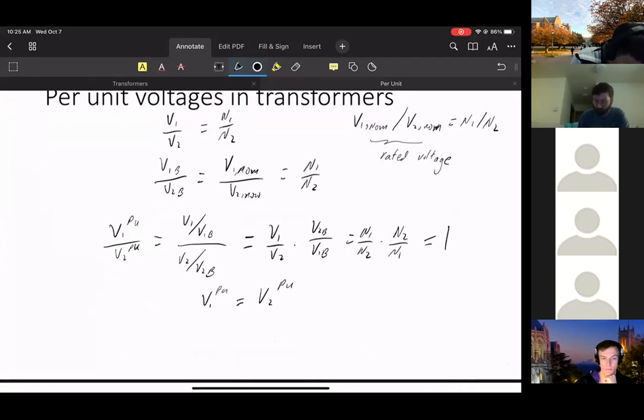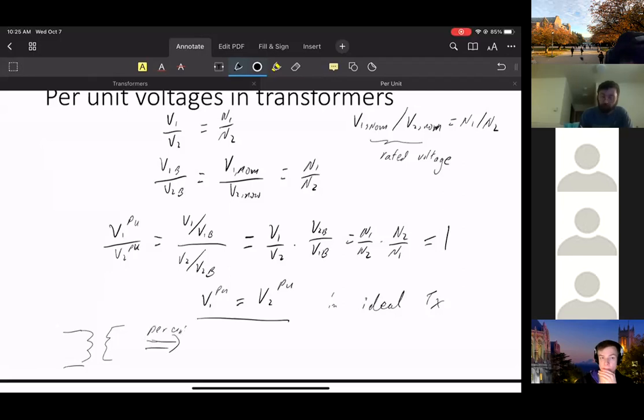So this is for an ideal transformer. Let's look at the ideal transformer first. If you talk about per unit voltages, they're equal. That means the transformer is not there in per unit terms. If you look at your transformer in per unit, this is just a wire, as if the transformer does not exist.